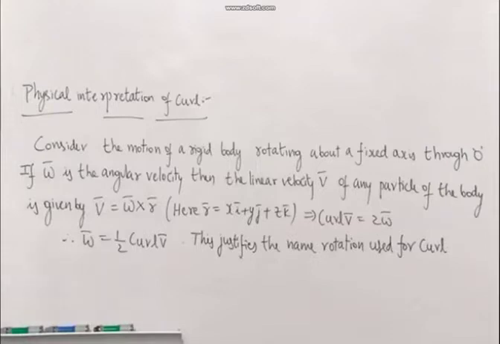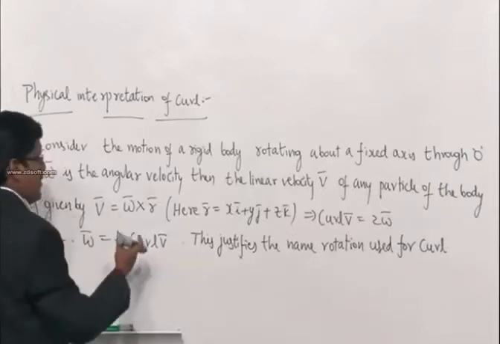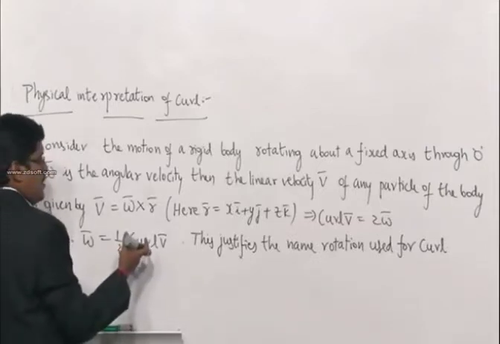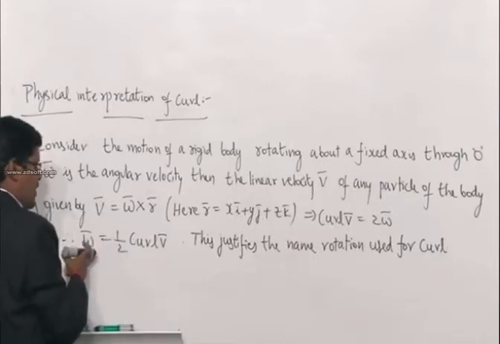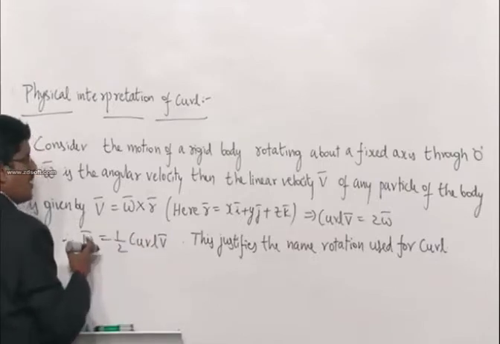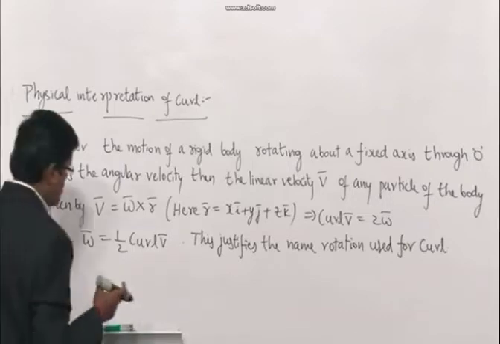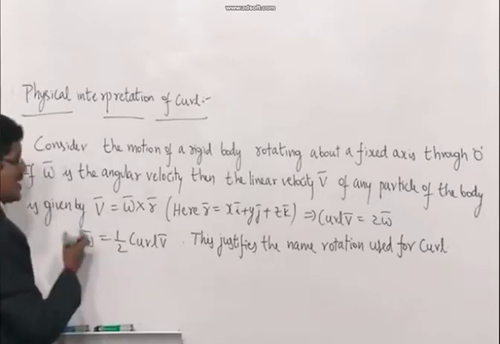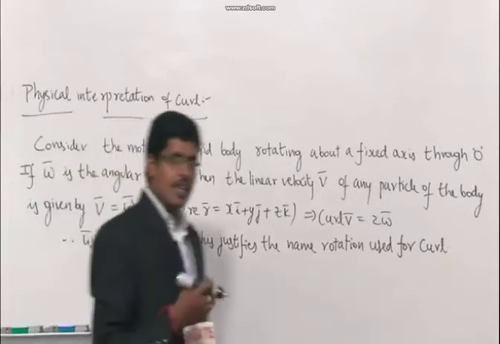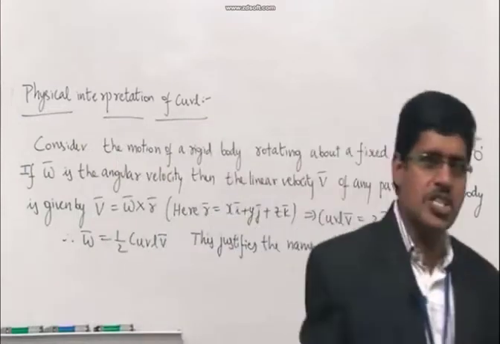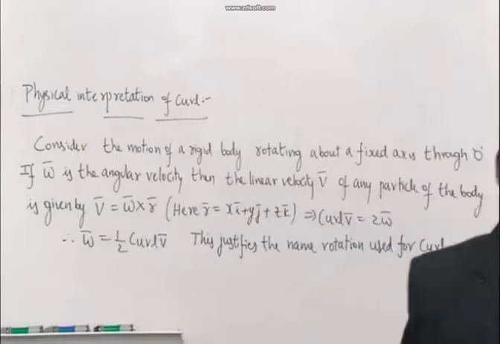That is, curl of the linear velocity of the body is equal to twice the angular velocity of the rotation at any point of the body. Curl of a linear velocity tells us twice the angular velocity of the rotation at any point of the body.